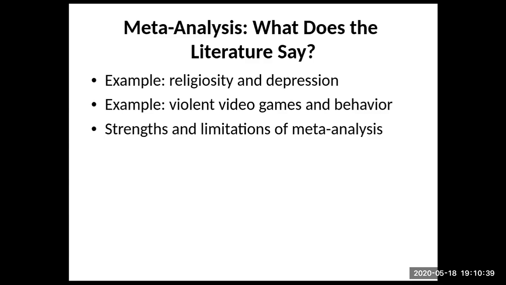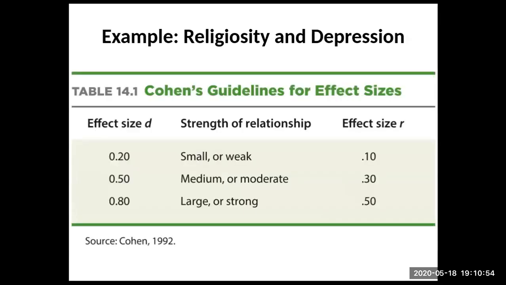And things like that. Another example that we'll talk about is religiosity and depression. What does the literature say about people that are religious and the amount of people that are religious that also get depressed?